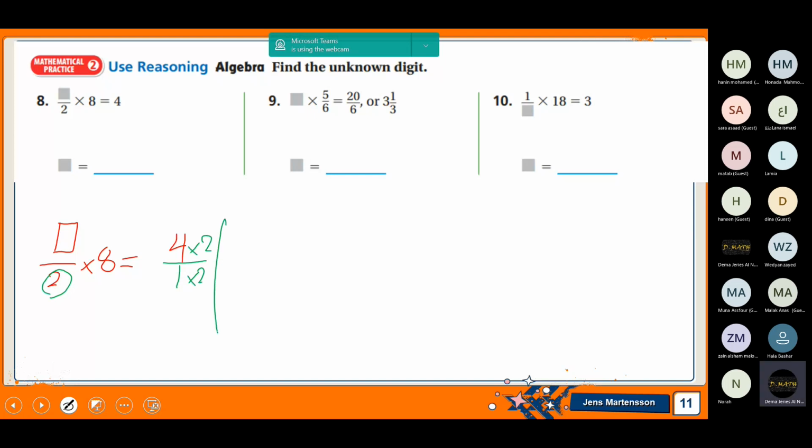So it comes like square multiplied by 8, divided by 2, gives you 4 times 2, 8, divided by 2. Is it clear? Teacher, I didn't understand. Okay, I will.